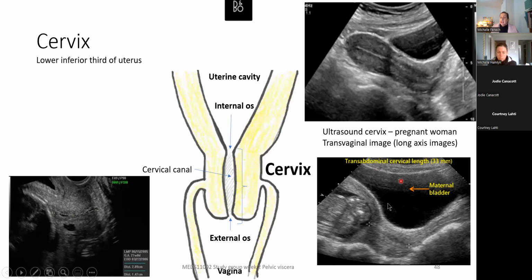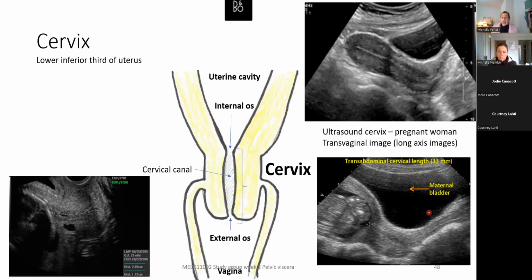And so it transmits the sound nicely, because the more reflections you have, the less energy you have for the sound to go deeper into the body. So we use this as an acoustic window to allow this area to be seen clearly. So it's black because it's fluid and there are no reflections occurring in there.